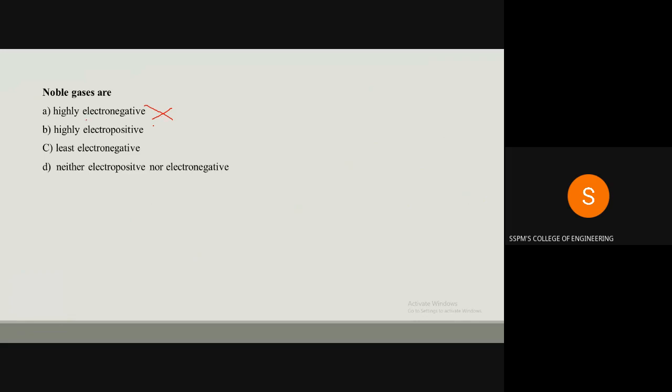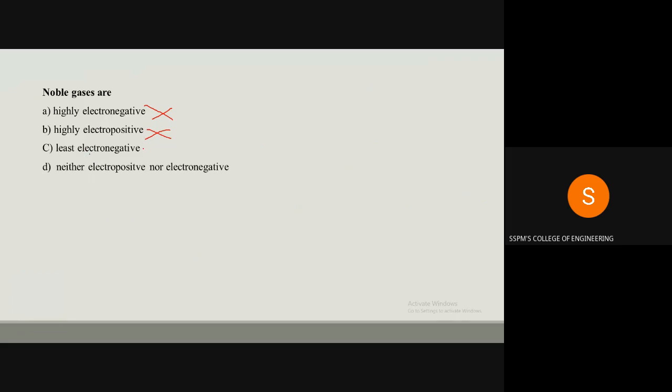Highly electropositive is also an incorrect option, because they are not highly electropositive.